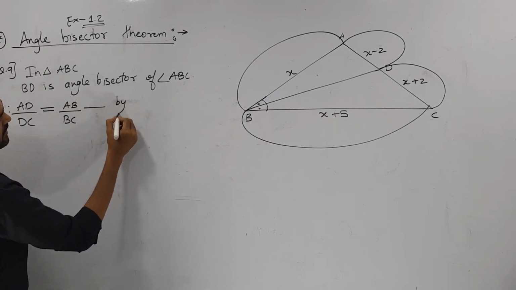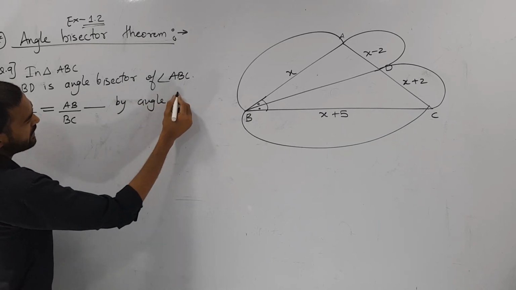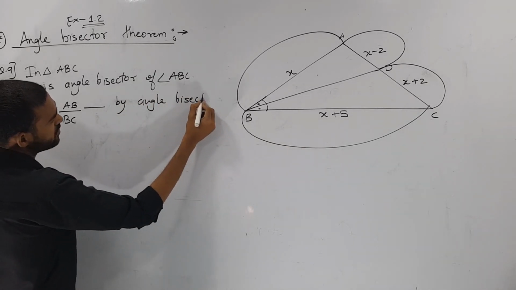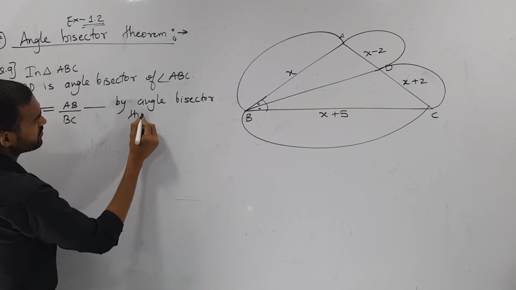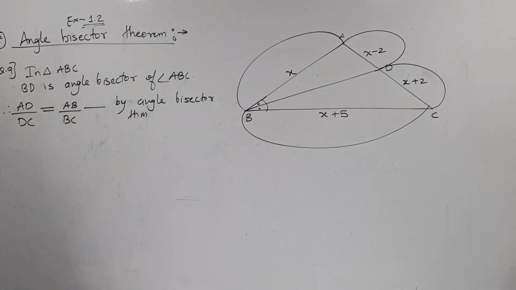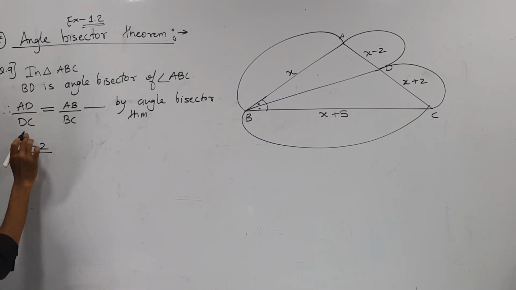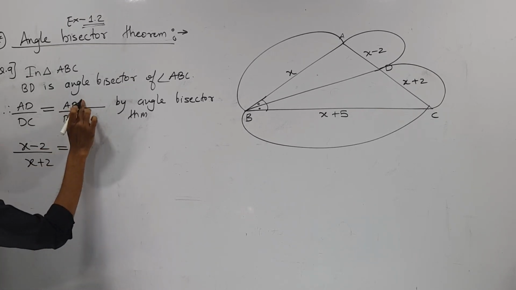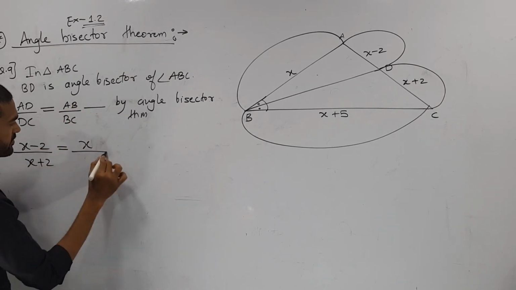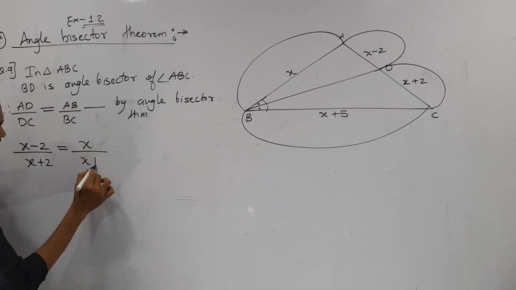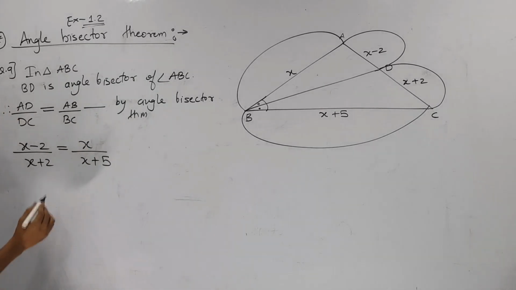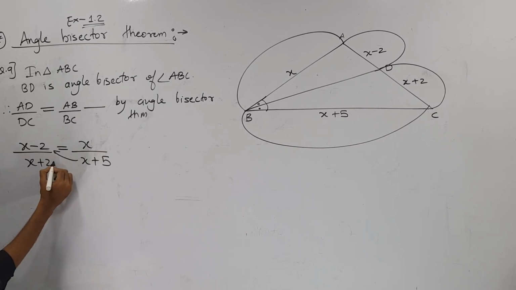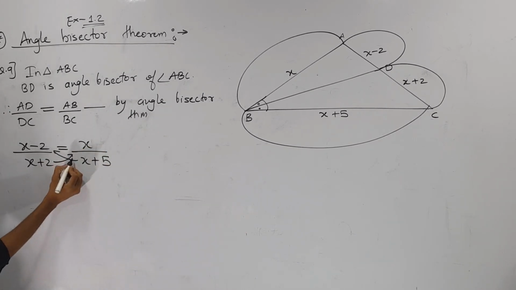We'll write here by angle bisector theorem. Now let us substitute values. AD, how much? AD is x minus 2. DC is x plus 2. What is AB? x. And BC is x plus 5.